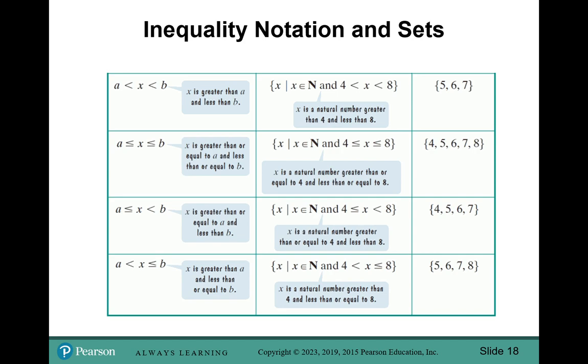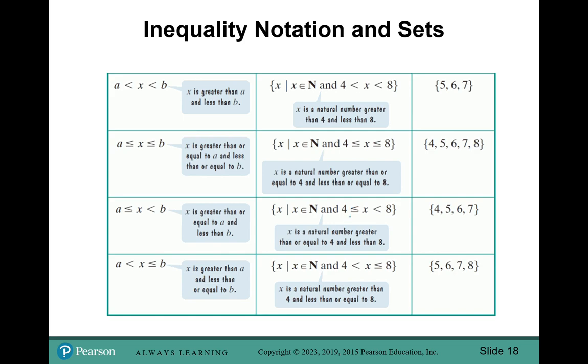You can also mix and match here. We can have an equality on one side and a not equal to on the other side, where we have strictly just an inequality. So a is less than or equal to x is less than b. So we're looking at x such that x is an element of the natural numbers, and 4 is less than or equal to x is strictly less than 8.